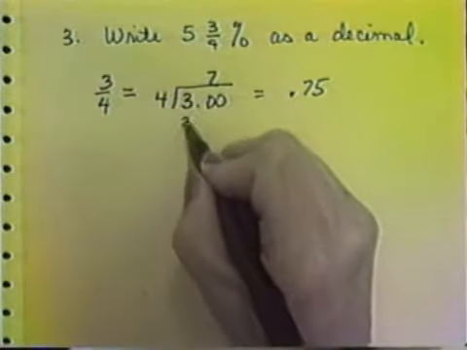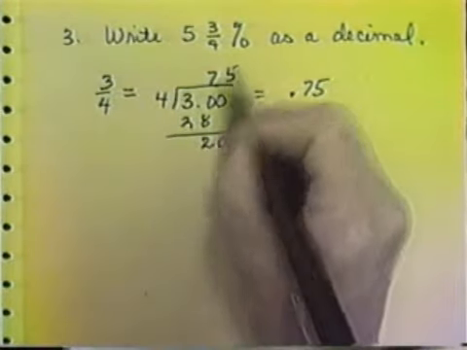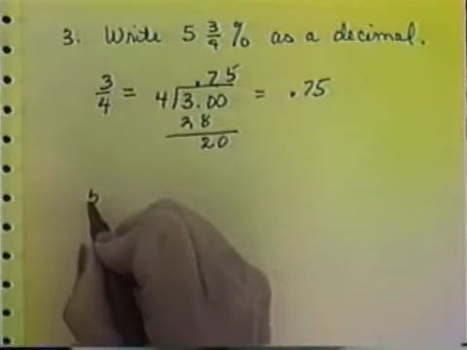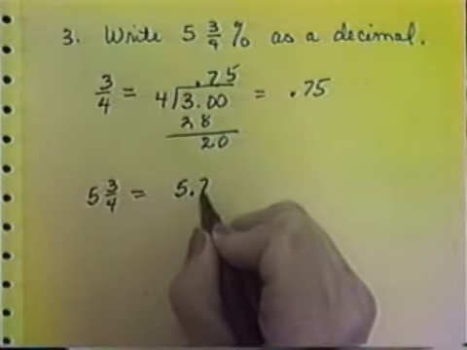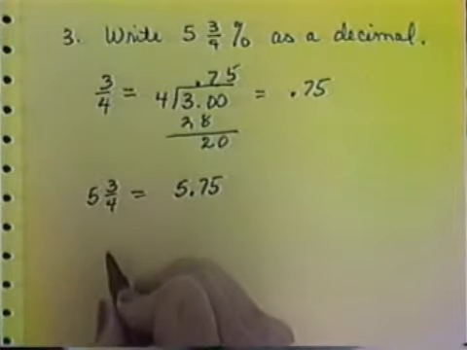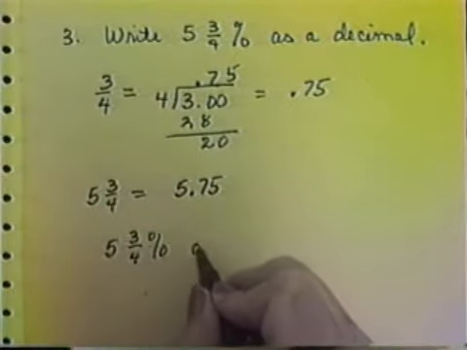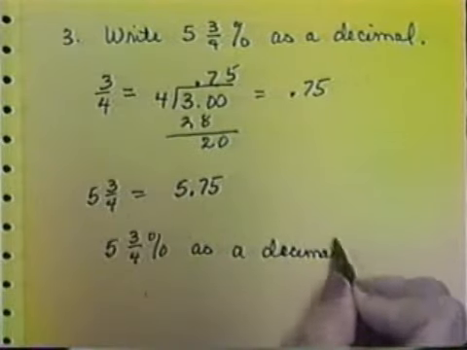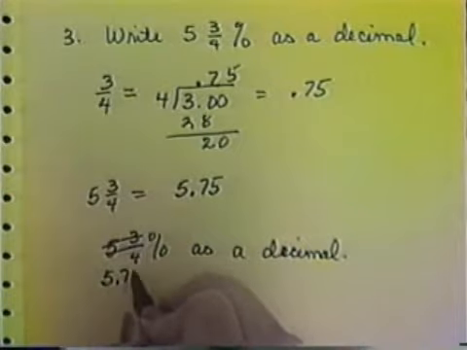By hand, of course, we get 0.75. So 5 3/4 can be represented as 5.75.